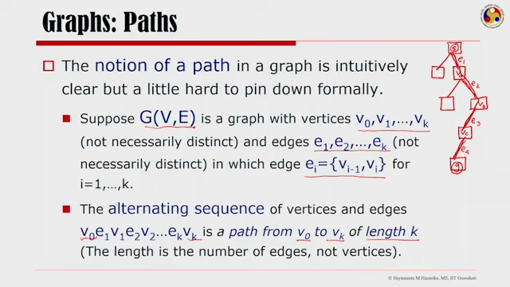So the path from the start to the goal for the given graph would be something like S, E1, VA, E2, VB, E3, VC, E4 and G. So that's the path in the given graph.